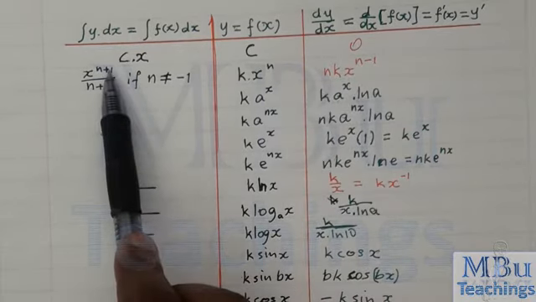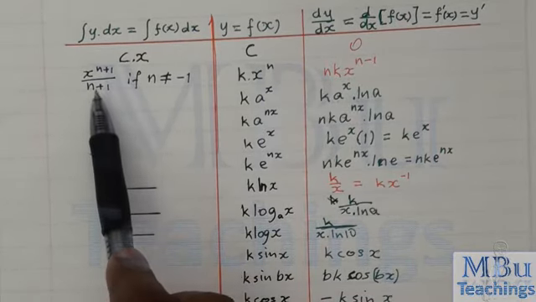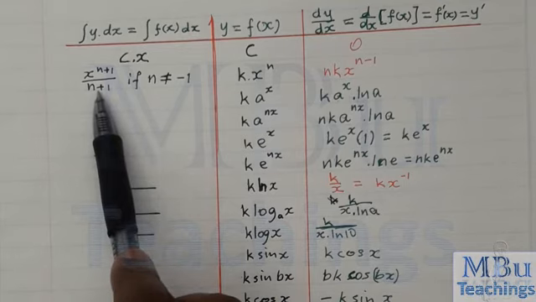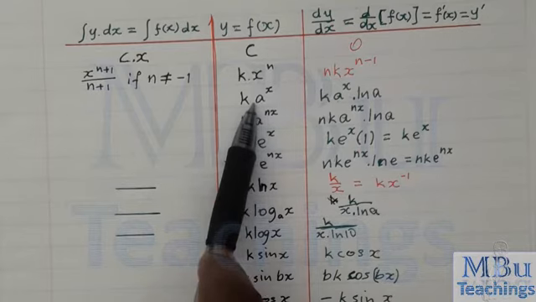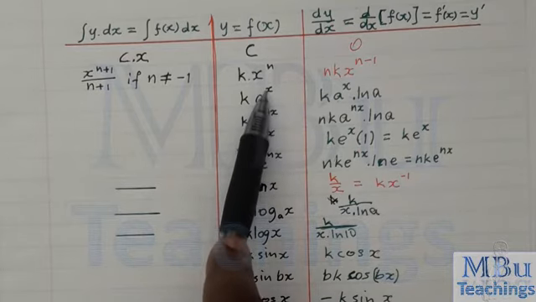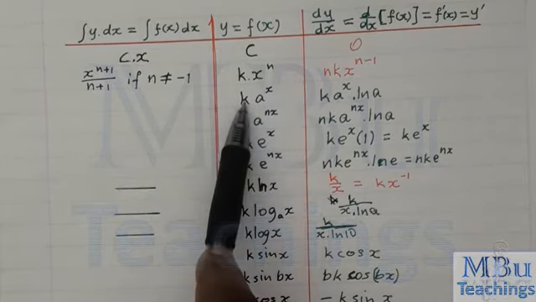Here we first add the 1, then we divide by the new exponent. So it's the same principle that will follow here. But this time we won't focus on the exponent only. We'll focus on anything that we multiplied by, except k.